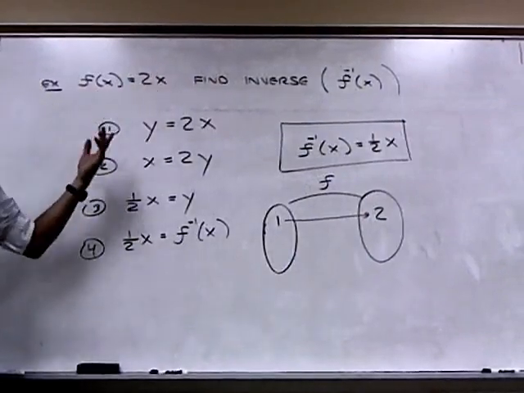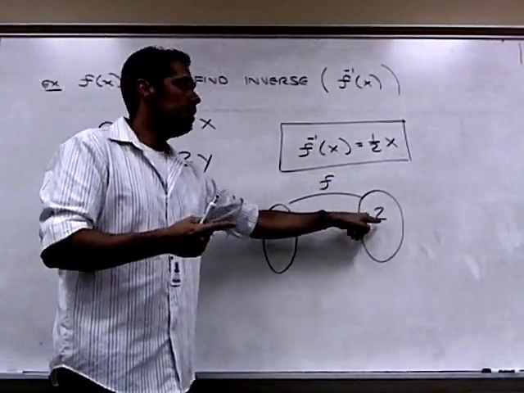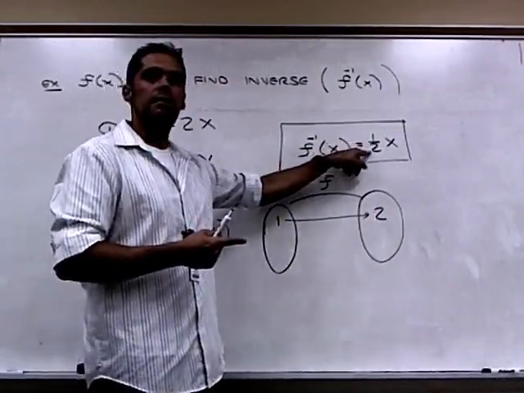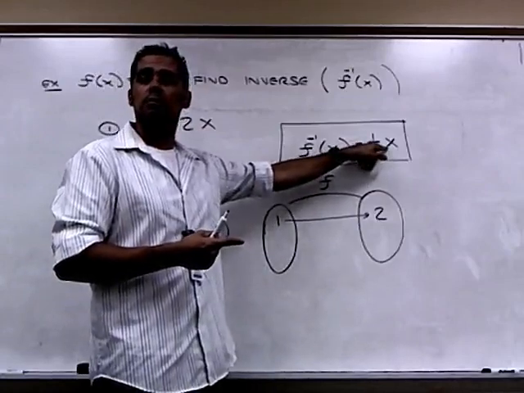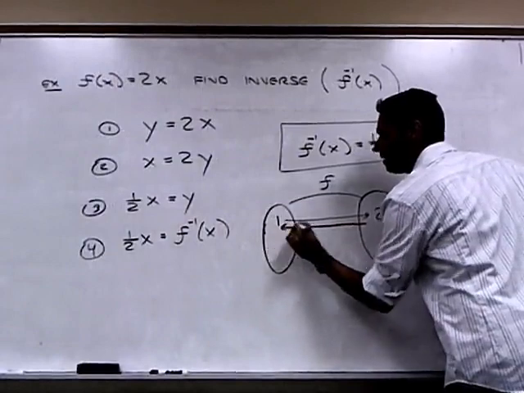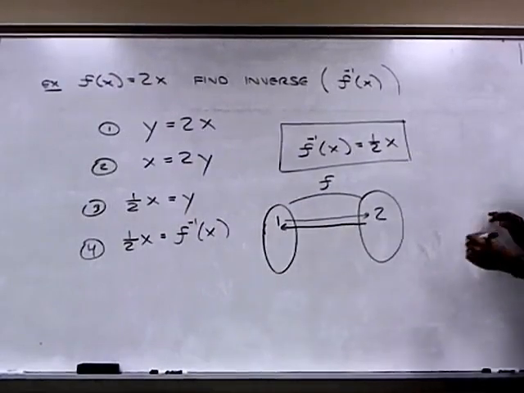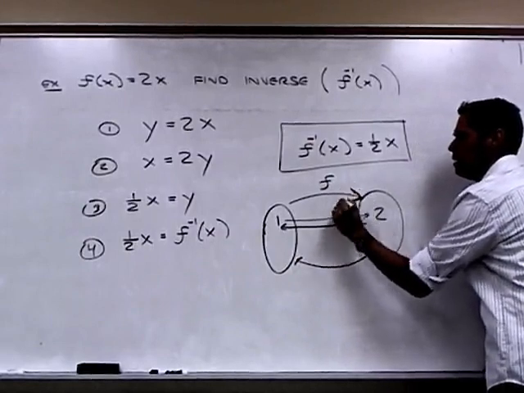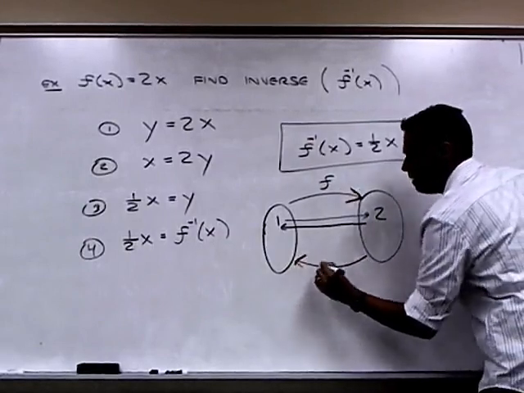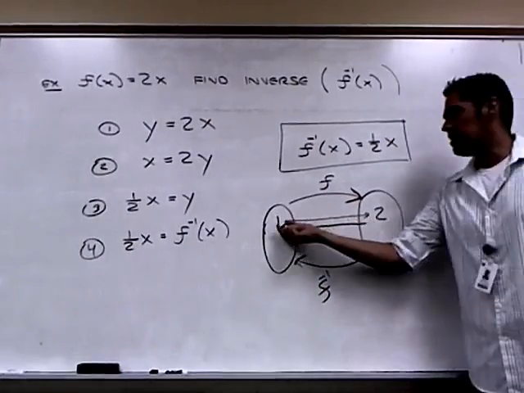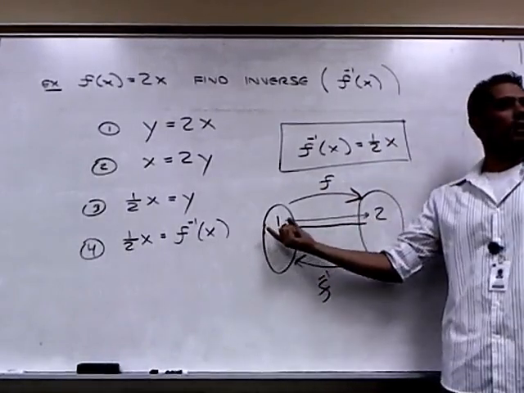Now, what if I take that 2 and plug it into this function? What happens? Half of 2 would be 1. So it would actually go back to where it came from, wouldn't it? Like this. So down here we draw an arrow going back this way. This is what the inverse function does. It takes everything back to where it came from.